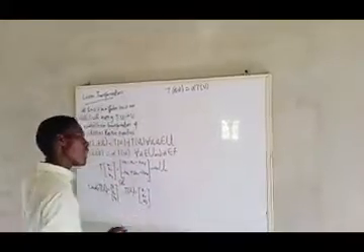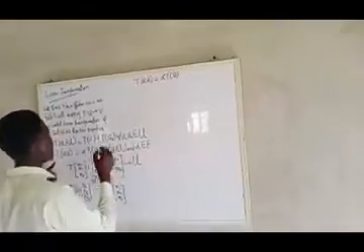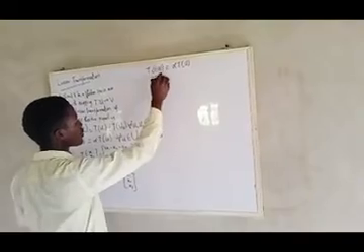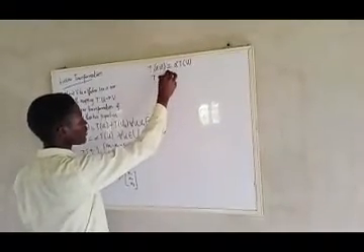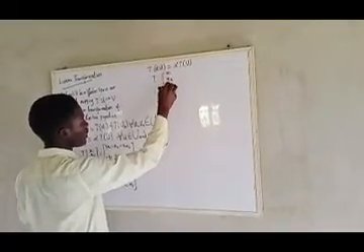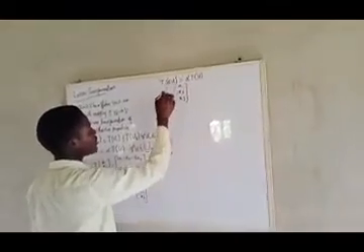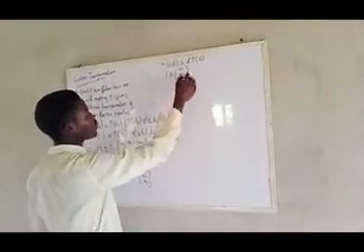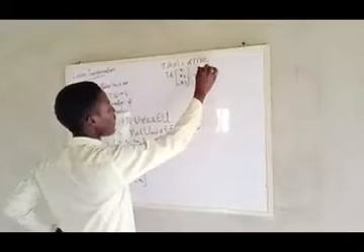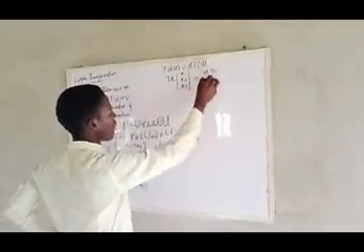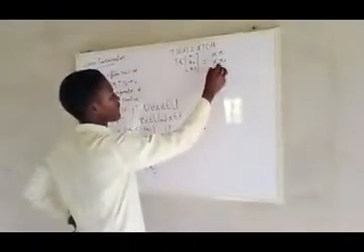So how will you do that? You know that your T is x1, x2, x3, abi? That means your T of alpha u will now be alpha x1, alpha x2 and alpha x3.